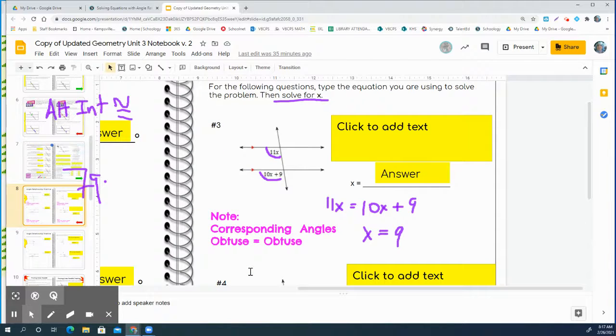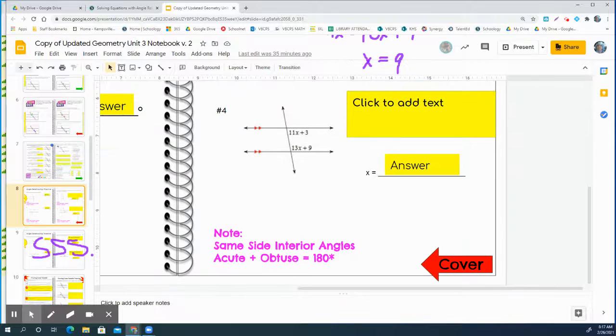What about question number 4? How do I set this equation up? They're same side interior. So I've got one acute angle, that's this one, and one obtuse angle, that's this one. So they're going to add up to 180 degrees. Again, same side supplementary. So on a scratch piece of paper, add those up. 11x plus 3 plus 13x plus 9.